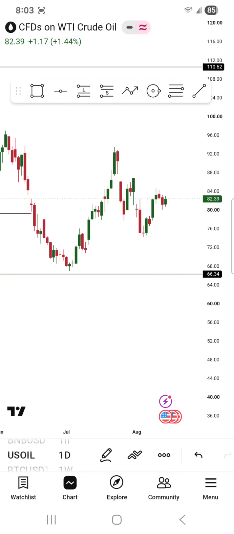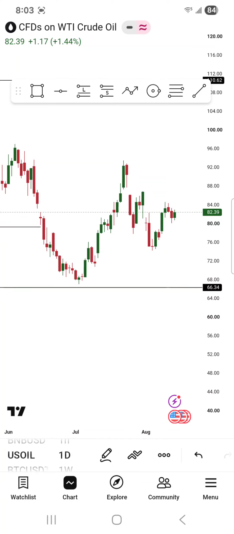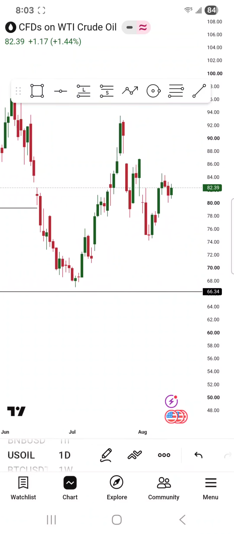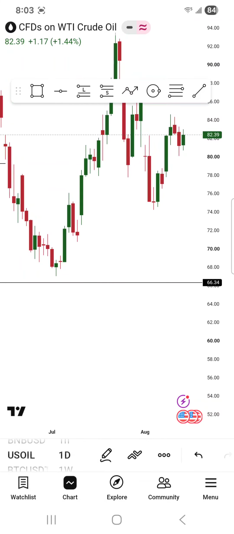Market direction and market structure is the most important thing when it comes to trading on the daily time frame. I can choose to spend more time on the daily time frame than even on other time frames. In fact, the daily time frame is the most important time frame for me.